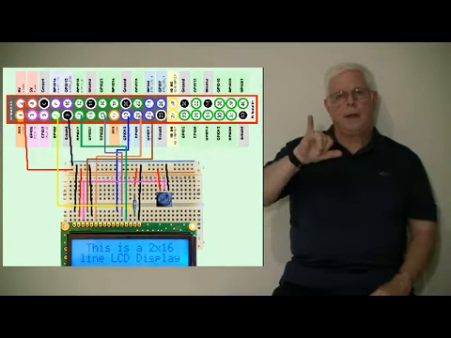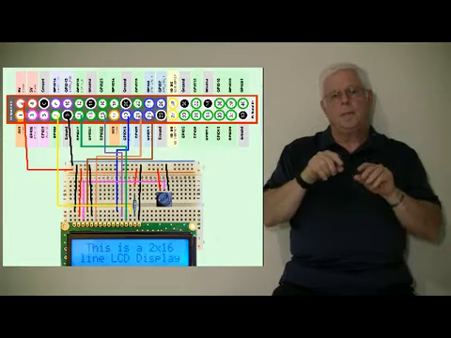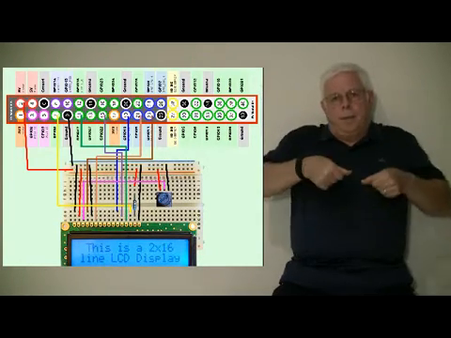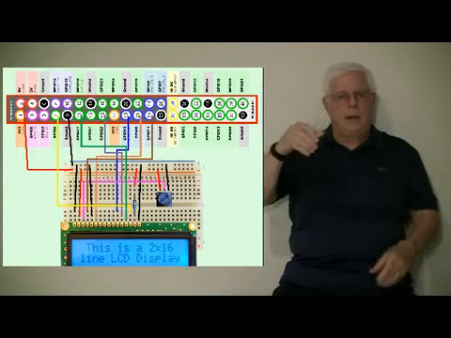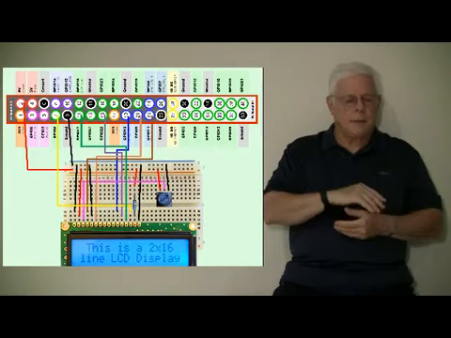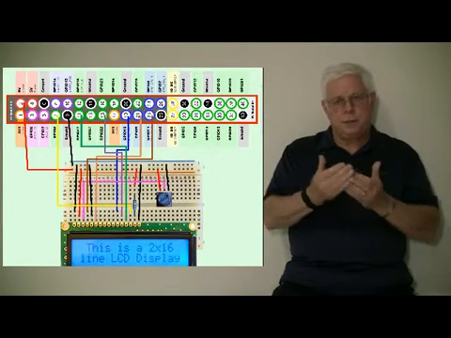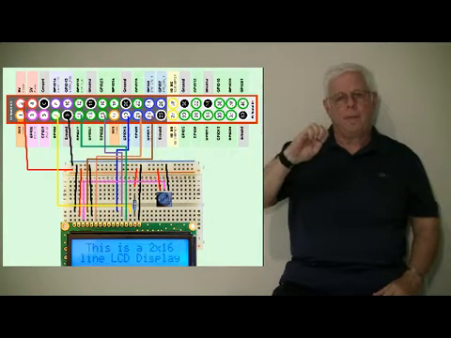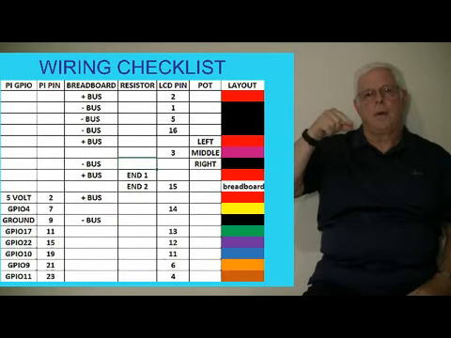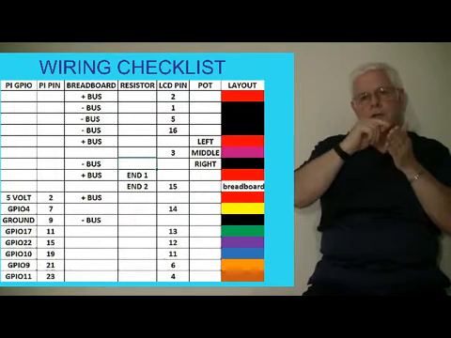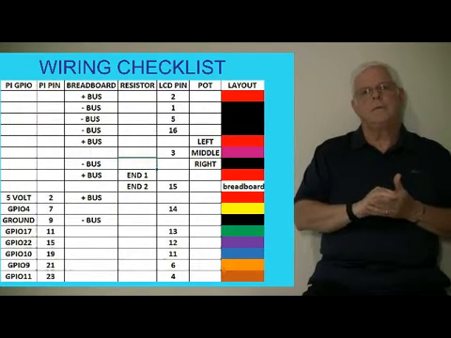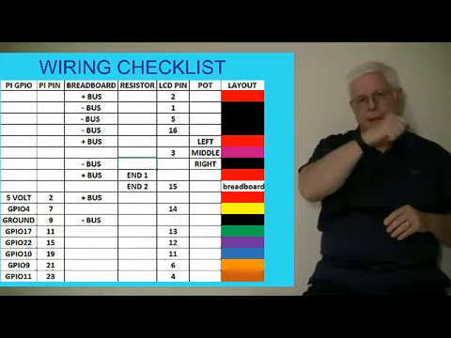This is a wiring picture, and you can see that I have plugged the LCD right into the breadboard and make it easier to wire. This is a wiring list, so you can just check off each one as you install them, and that way you should not miss anything.